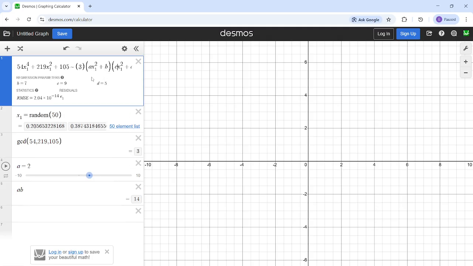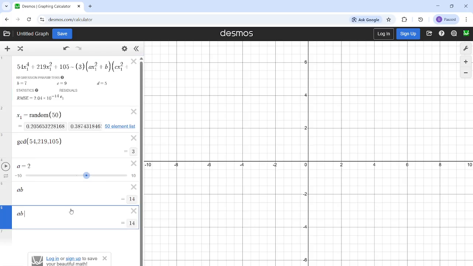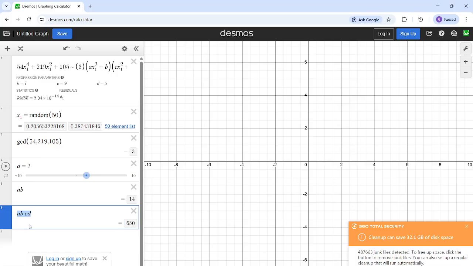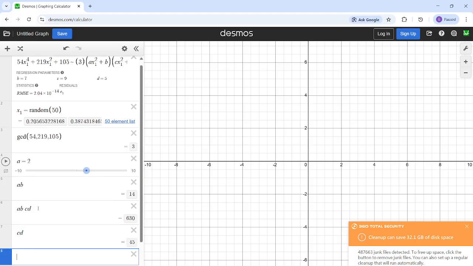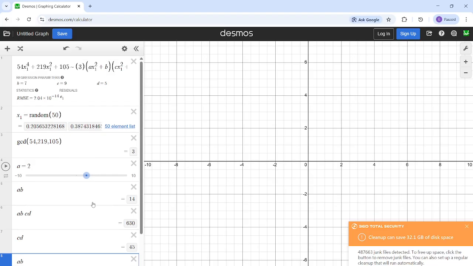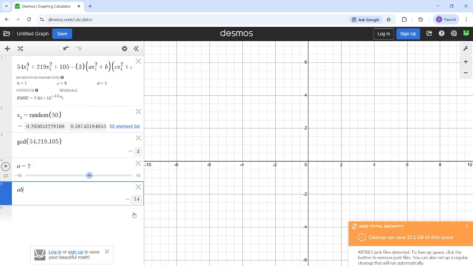What I'm trying to say is that AB and CD could be swapped. For example, if the question is asking for the smallest possible value of CD, you can put in the value of AB because they can be swapped. I hope you all got it.